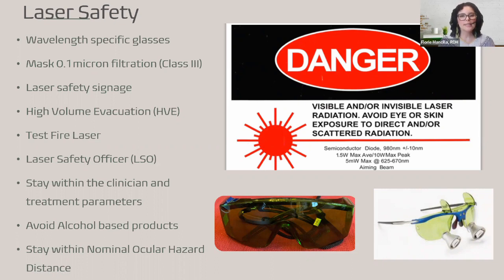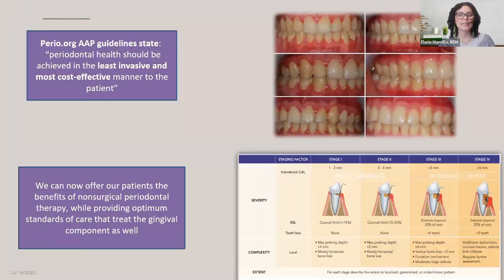It's a safety parameter: if you're within that perimeter, you need to be wearing your glasses. If you're outside of that boundary, then you don't need safety glasses. So these are just a few tips on how to be proactive and how to ensure that everyone in your office is laser safe as well as laser trained.